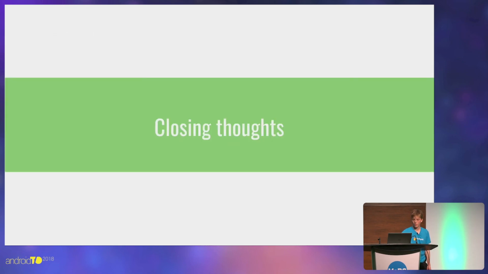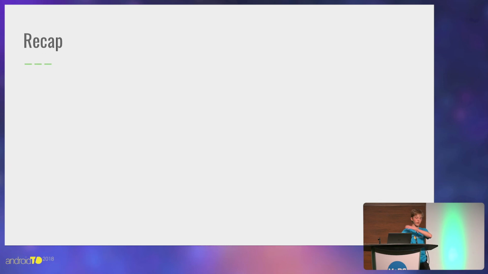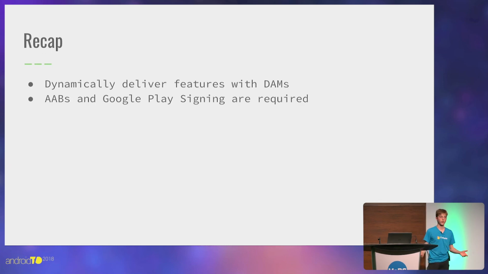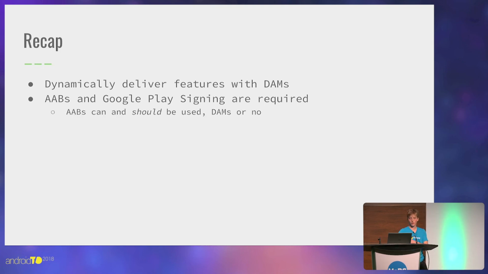So yeah, putting it all together, we started with modularization. And then that's going to require Google Play App Signing, because we're now telling Google, hey, here's this app bundle, build all of these features for me. And then when you can, just try and always use app bundles, because you can today.